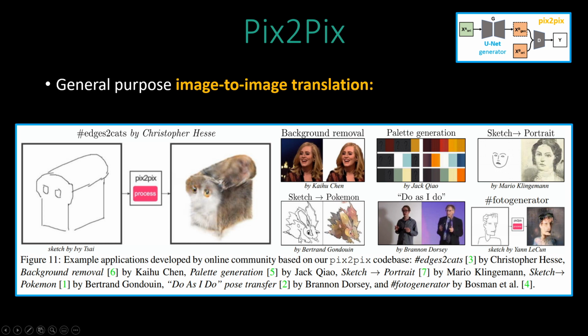These are interesting in a way that they trained it on paired data, which had cats on one side and then sketches of those cats on the other side. And the same way with Pokemon images, and then the same with portraits.